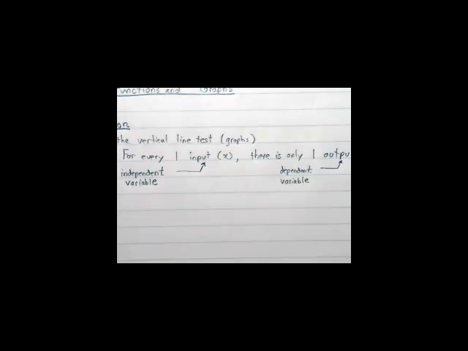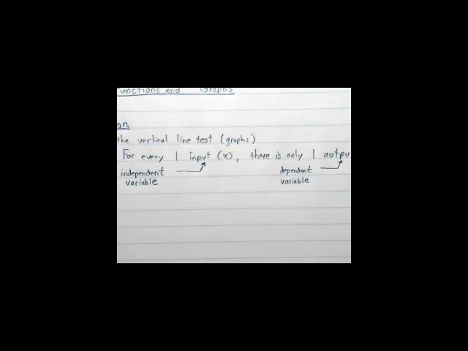Okay, why do you suppose they're called independent and dependent? Yeah, that's exactly right. The y variable changes as the x changes. Okay, we can set x to be whatever we want, but y, the output, depends on the input, right?